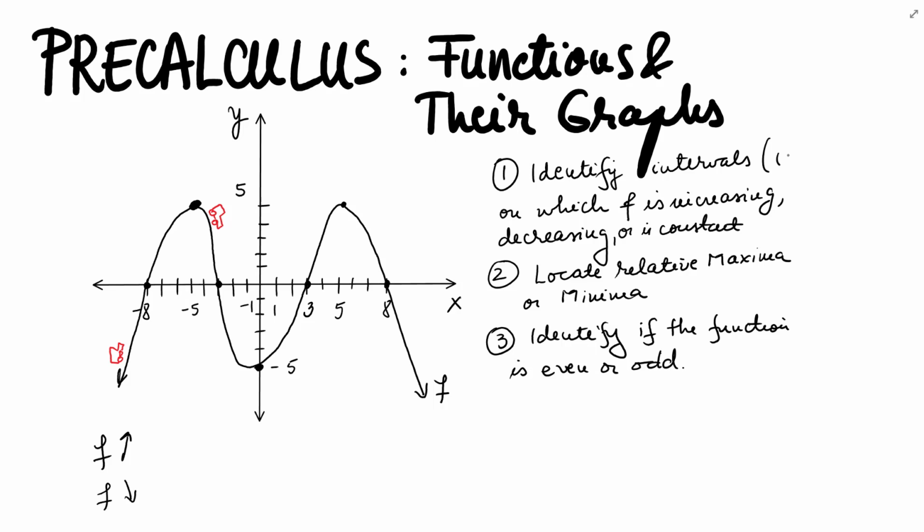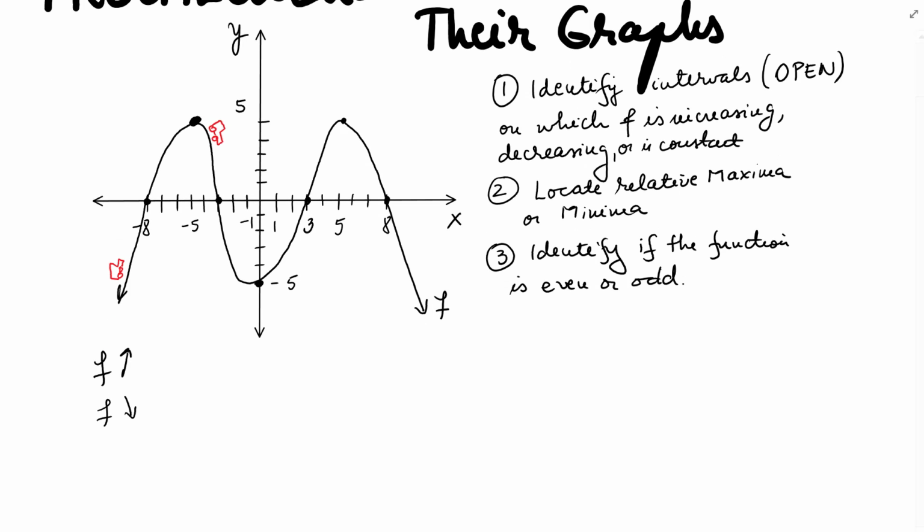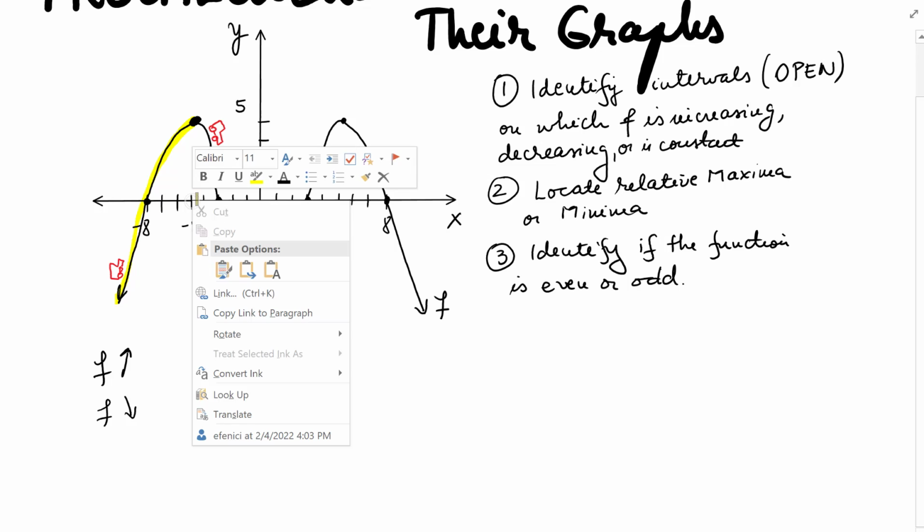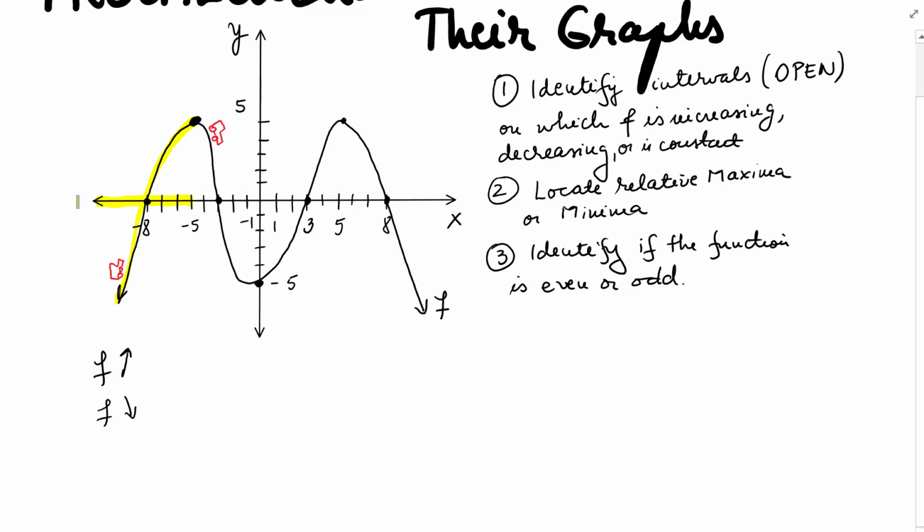And be very careful, those intervals are open intervals, so we're going to use parentheses. So the function, if we look at the graph, is increasing here, right? So to find the interval, where is it increasing? It's increasing on the x-axis on this part. The function is expanding on this interval, and because we have this arrow, it goes on and on.